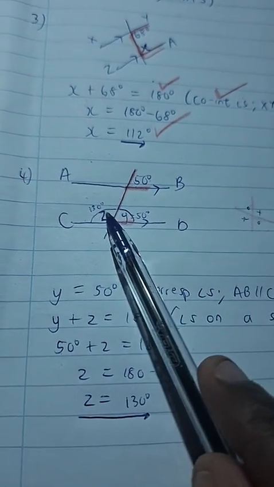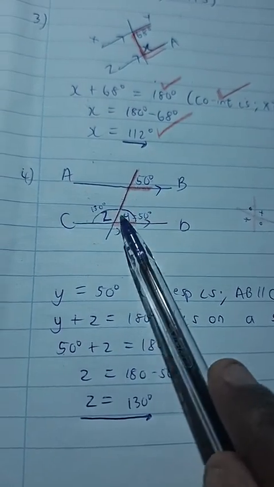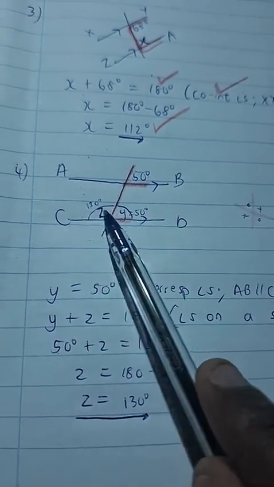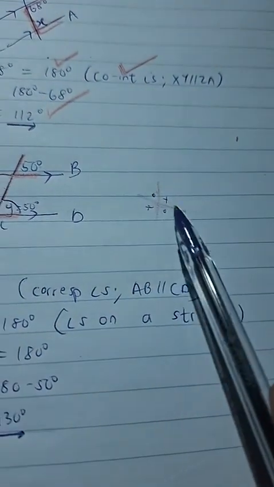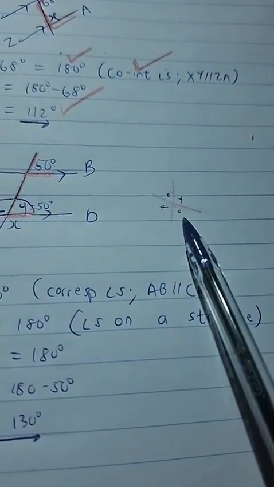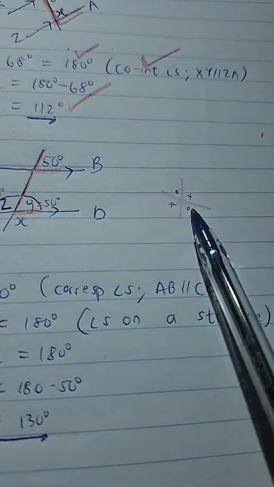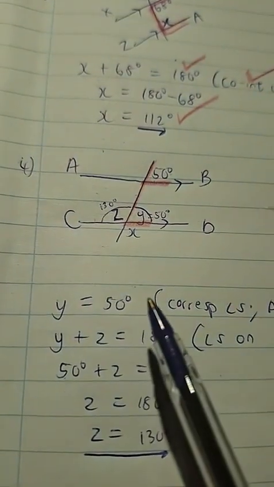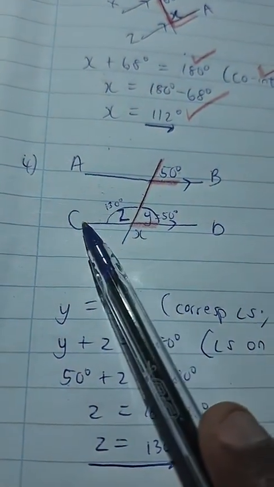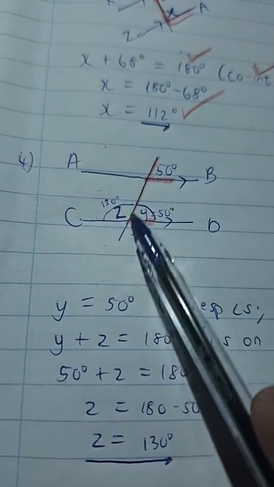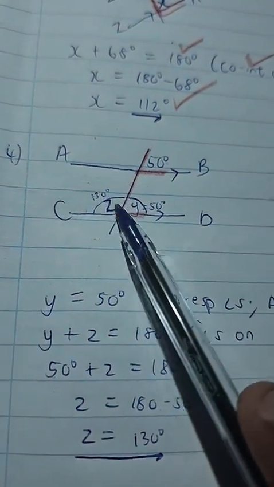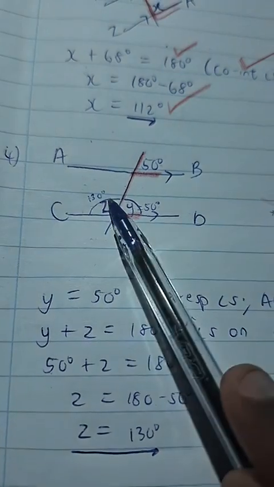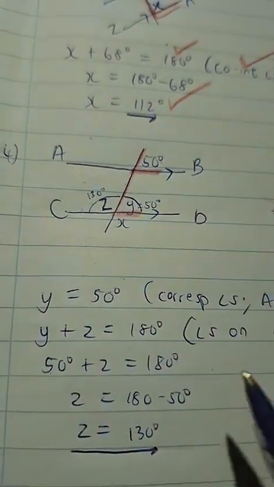Because remember, this here, the Z and the X, they are vertically opposite angles. This angle is equal to that angle is equal to that angle. We call these vertically opposite because of CD and the transversal line: the two angles that are opposite each other, we say they are vertically opposite angles.